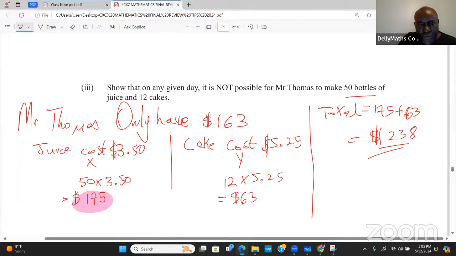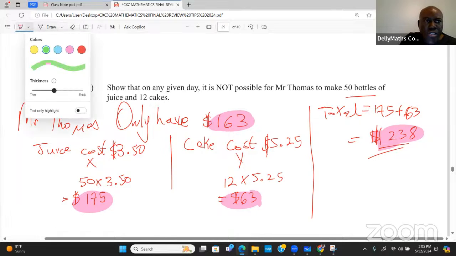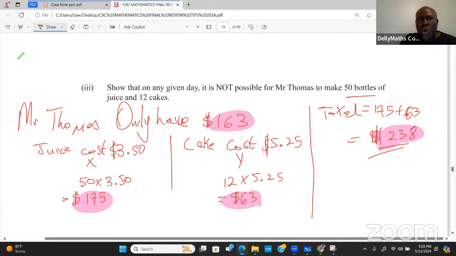Now, this is what you would have done logically. You know the price of the things, and you know the money that this man has. Then you can just close it down, because your working is your voice. You can just drop a line as a conclusion here.